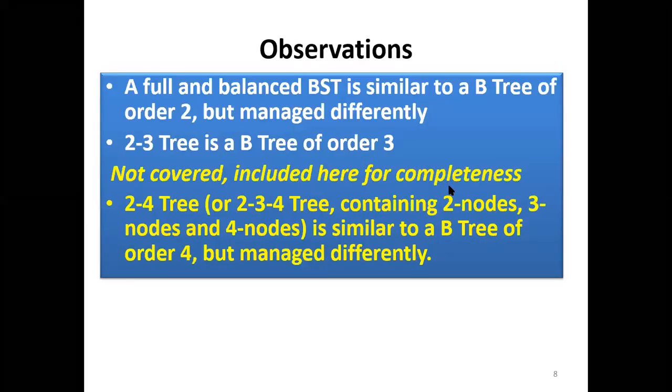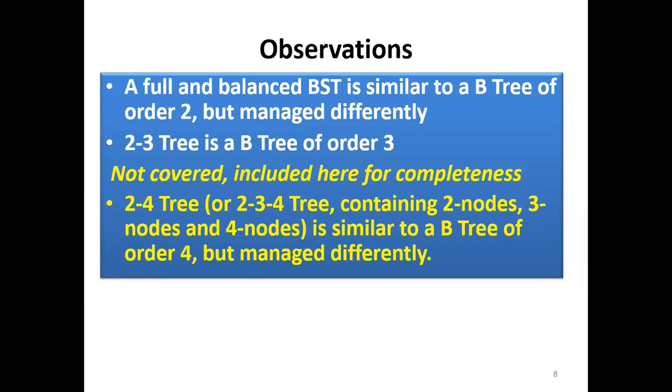A few other observations: a full and balanced binary search tree is similar to a B tree of order 2, but managed differently. A full and balanced binary search tree is very similar to the B tree, but how they are managed varies.